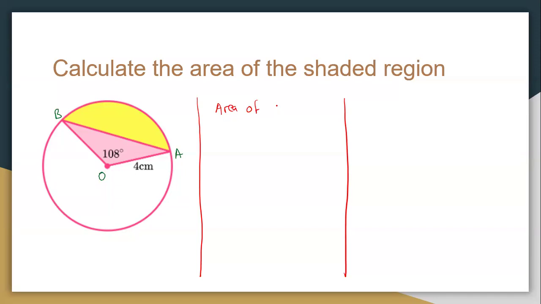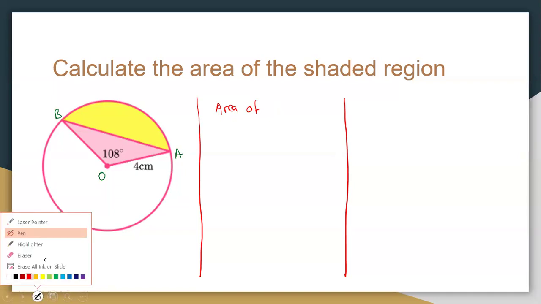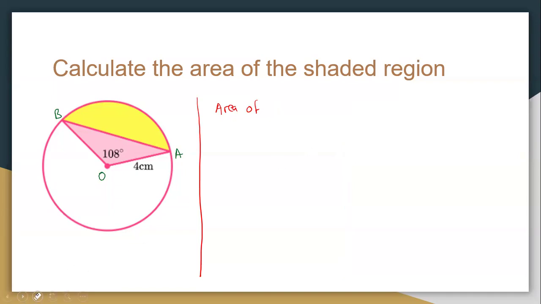To find the area of the sector, we get theta pi r squared divided by 360. Yes, but I say that theta is 108.